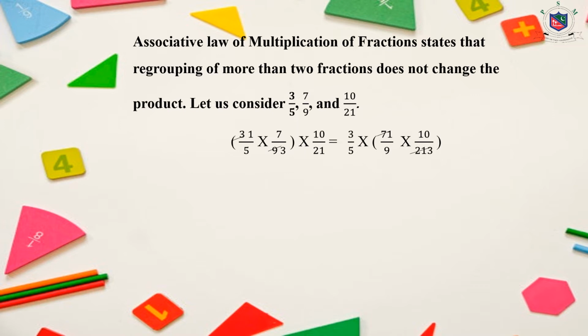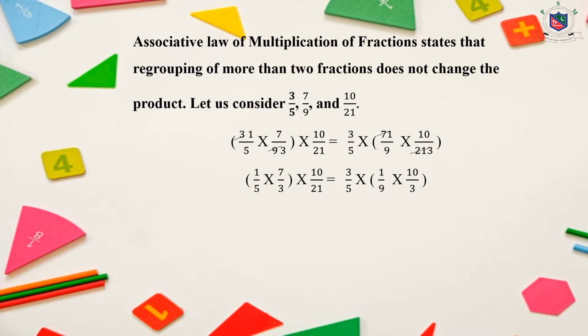And on the right hand side, 7 upon 9 and 10 upon 21 are inside the brackets. So, we have to solve them first. 7 times 1 is 7 and 7 times 3 is 21. Then you can see that after cross cancellation we are getting 1 upon 5 multiplied by 7 upon 3.